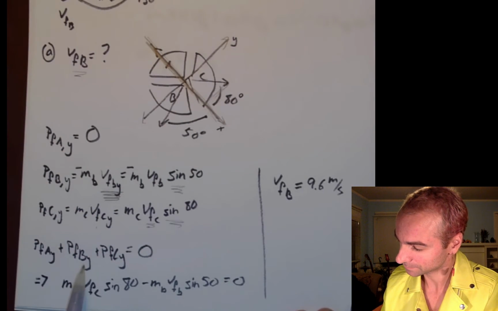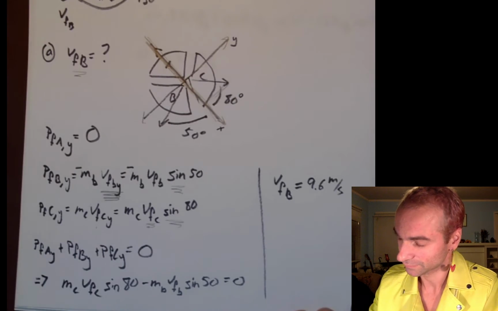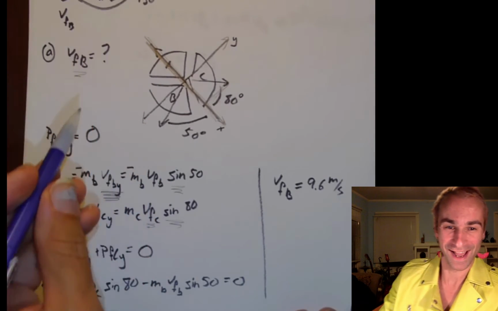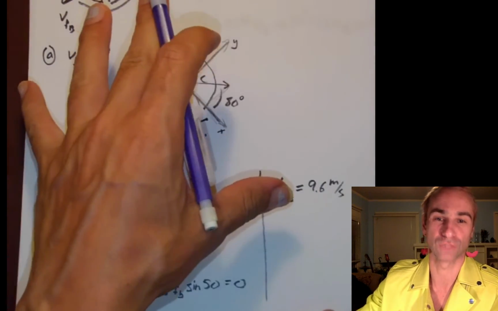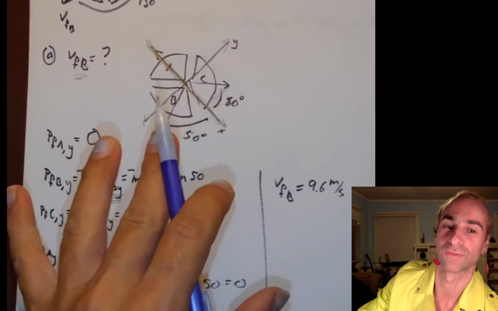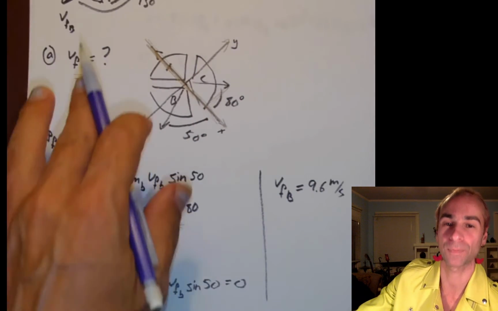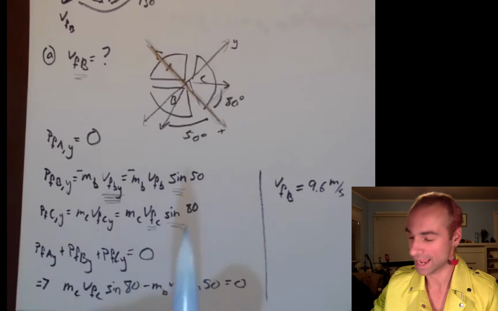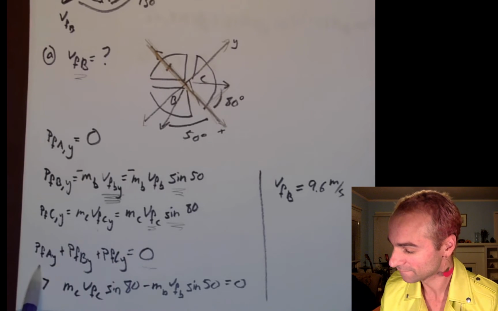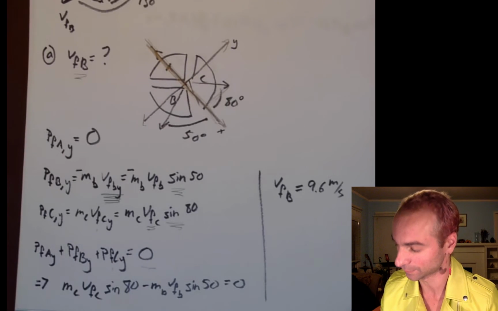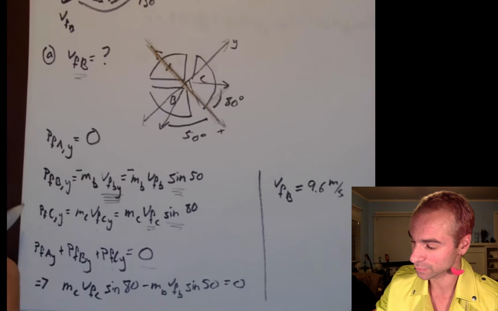Okay, so that's not the way to think about it. I'm sorry. So a thing happens. We go from no velocity to velocity in all directions, but it has to be conserved. So the velocities have to all add up, scaled by their masses, and we can do that by just adding them up and setting them equal to 0. Initial momentum was 0. Final momentums are these three pieces here. We just calculated them.